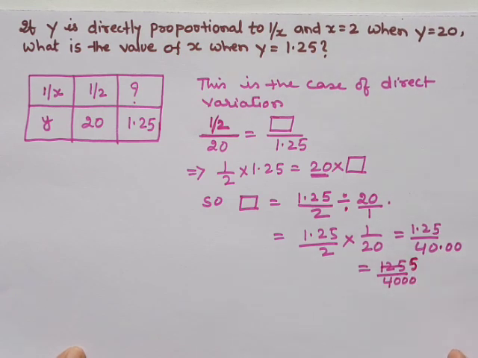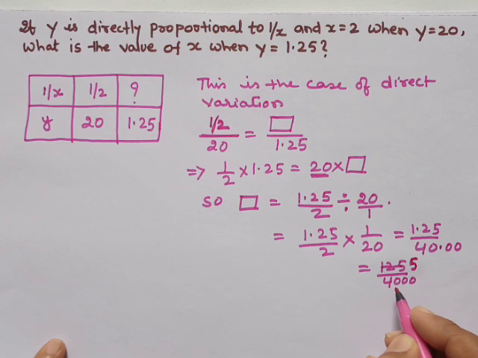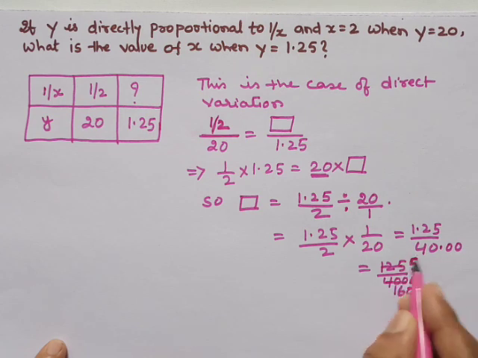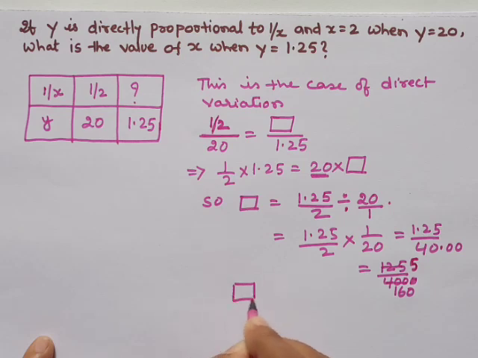Now you know that 25 4s are 100, so 25 8s are 200, 25 12s are 300. And 25 16s are how much? 400. So here 5 by 160 you are getting. This much is 5 by 160. So this unknown number will be equal to 5 by 160.